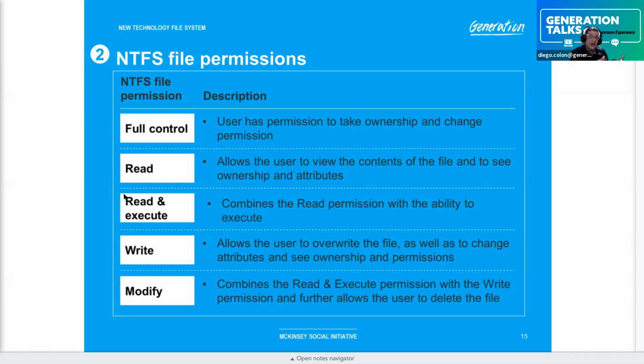When you double click on an executable file, it expands. In essence, it changes. Hence why the rule is called read and execute, because I want you to be able to use the program that I created, but I don't want you to write onto any of the stuff that's in here.